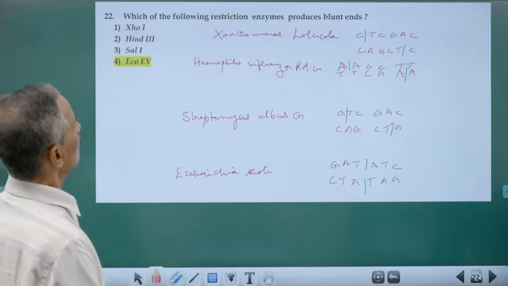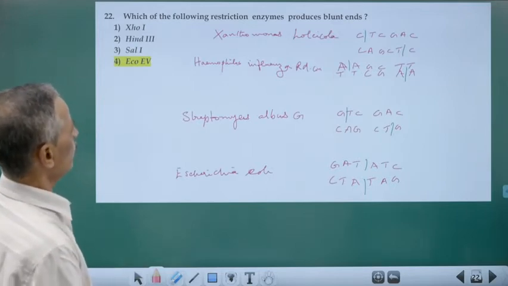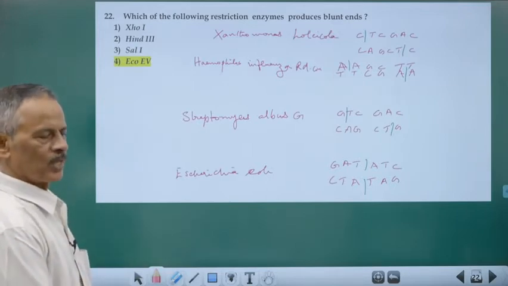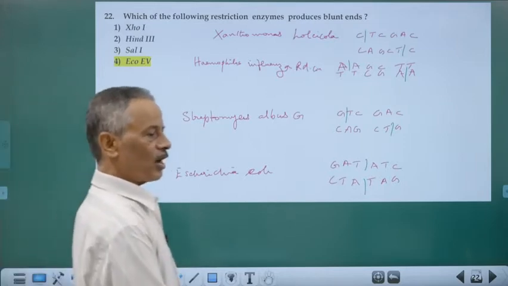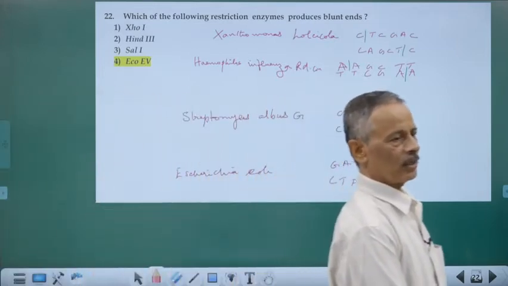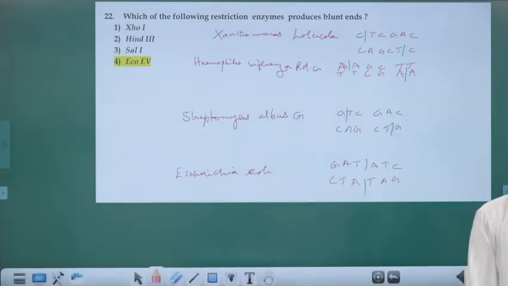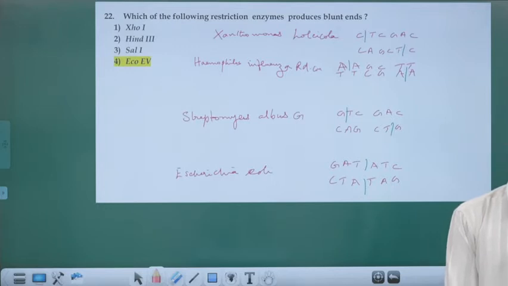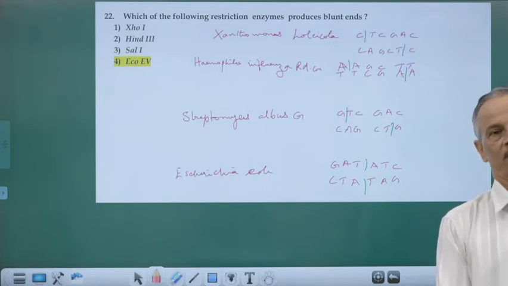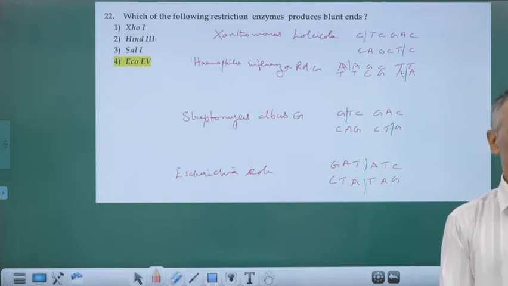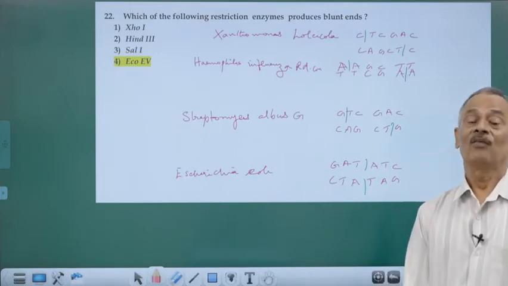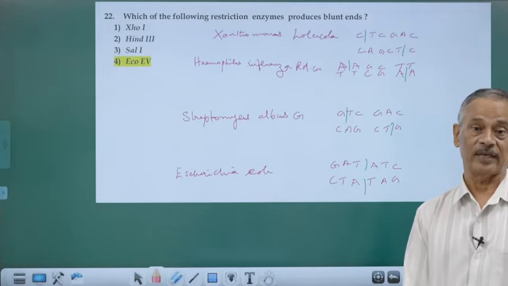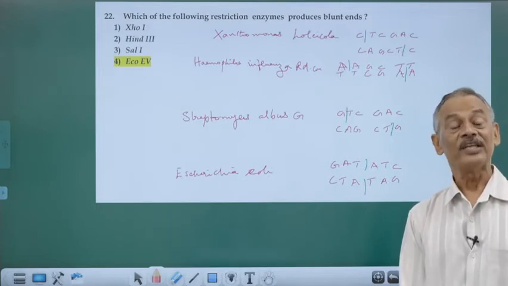Which of the following restriction enzymes produce blunt ends? See, all enzymes mentioned in our NCERT book are staggered end cutting, or protruding tail cutting ones. The first enzyme that Werner Arber and his team isolated, Hind II, is blunt end cutting.